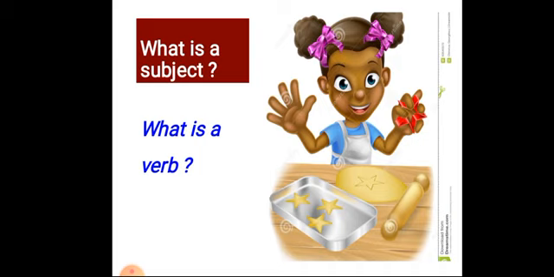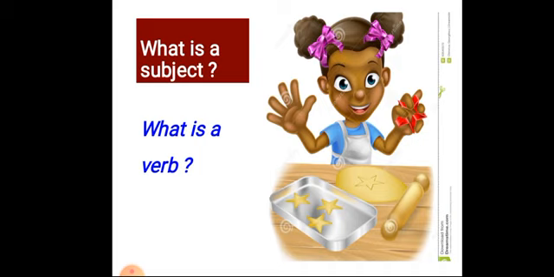For example, we have a picture here of a girl baking. The girl is baking. Who is the subject? Who is doing the thing here? The girl. So in that sentence, the girl is the subject because she's the one doing that thing, the one carrying out the action.